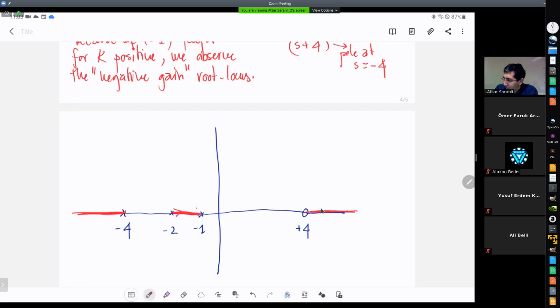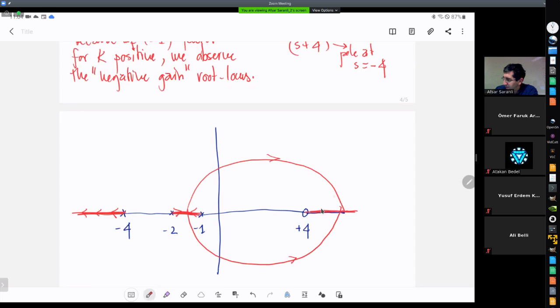Again, we start from the open loop poles. And then basically what's going to happen is that you will have a breakaway point somewhere here.